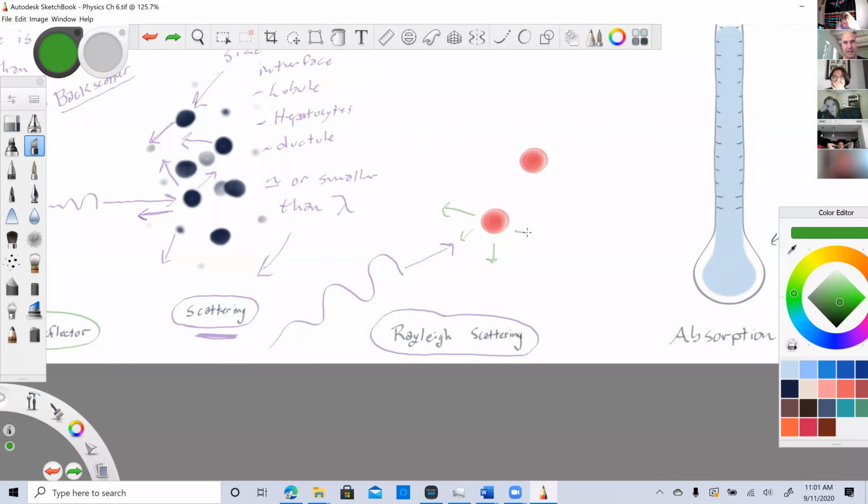That's more just regular scattering. With Rayleigh scattering, sound hits the red blood cell and it comes out a little bit right there, there, there, there, there. In other words, all of the energy is dissipated in all directions.